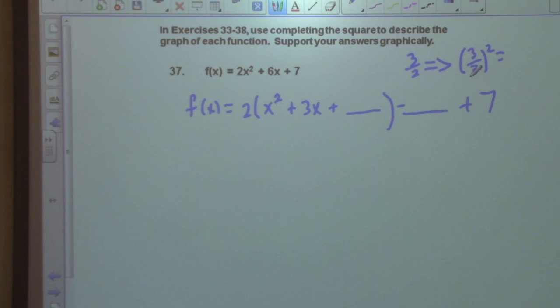Are you with Justin on this one? I'm with Justin. Justin, thank you, Justin. And so this is going to be 9/4 here, right? And now what is going to go out here? Minus 9/4? Well, here I want to show you something. I'm writing down minus 9/4, but that's not really what we have to do. What do we have to do?